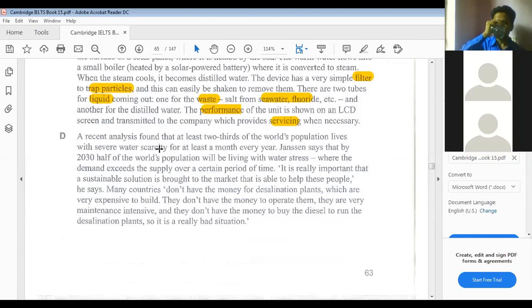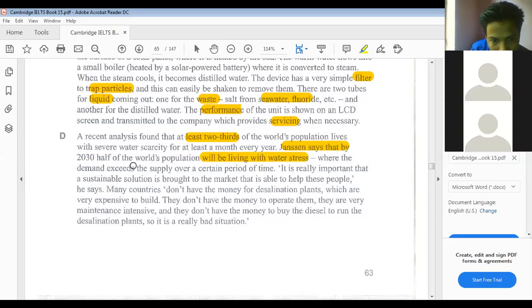A recent analysis found that at least two-thirds of the world's population lives with severe water scarcity for at least a month every year. Janssen says that by 2030, half of the world's population will be living with water stress, where the demand exceeds the supply over a certain period of time.